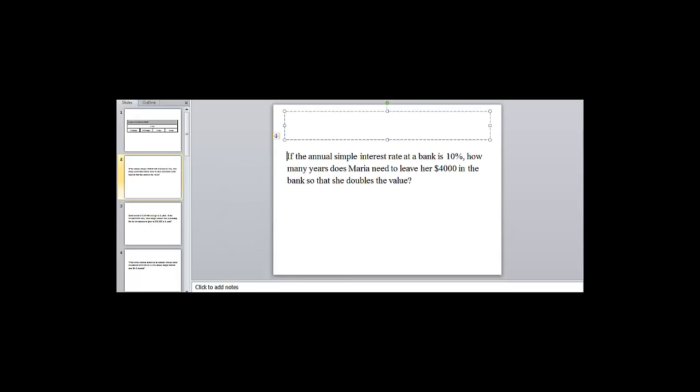Let's put in what we know. Principal was 4,000. Rate was 10%. Now in questions like this, we want our percentages to be entered in as decimals.